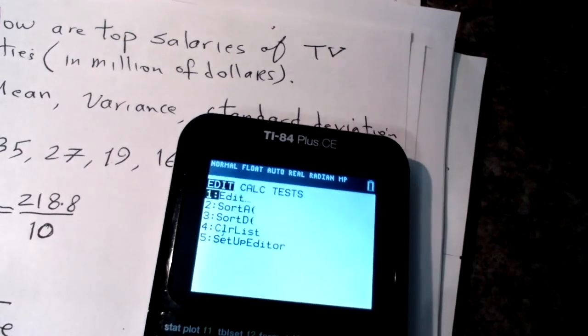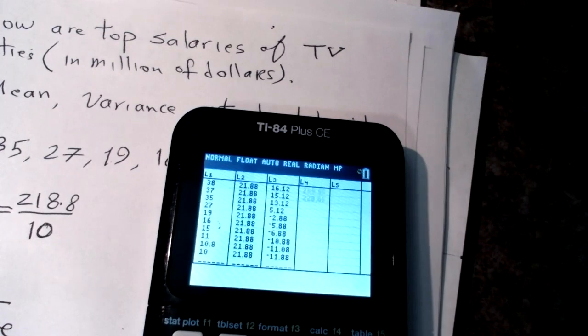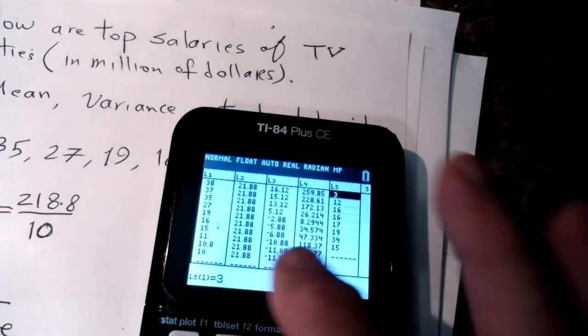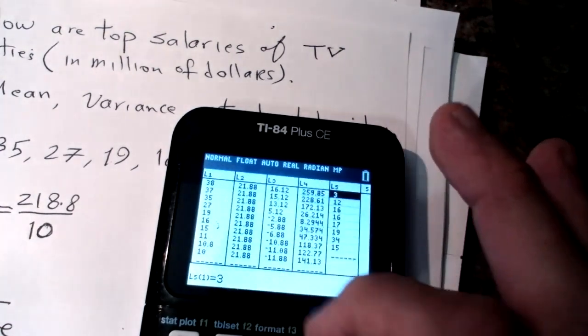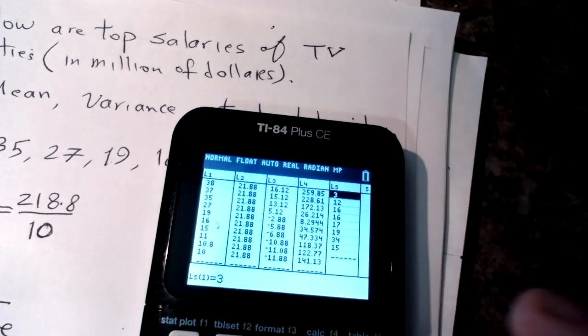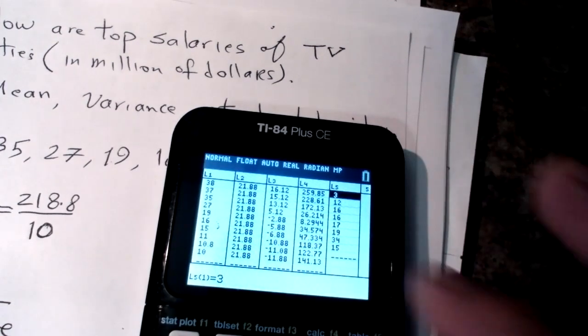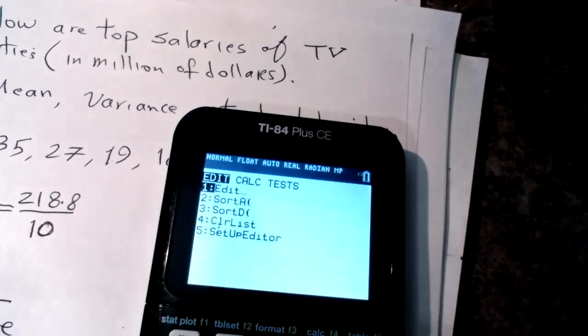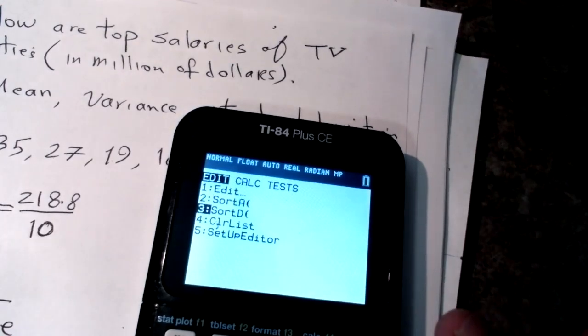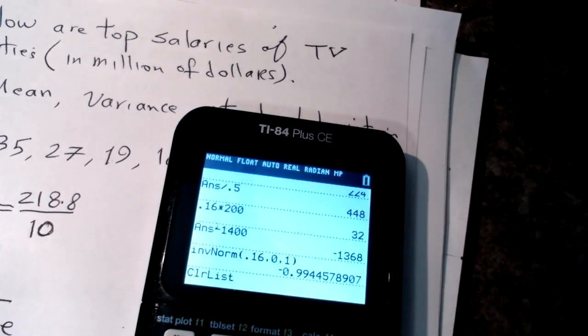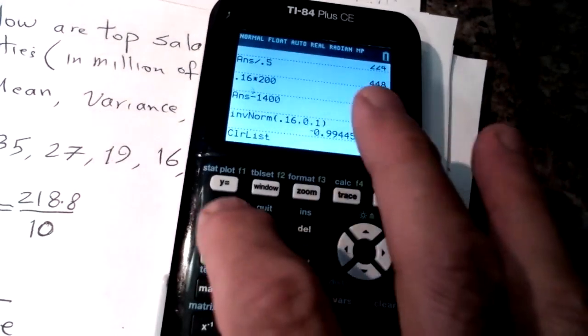On the calculator, where you see the edit, enter, you have all these numbers. Now, I want to erase L2, L3, L4, and L5 and do it again for you. Okay, so I go to stat. Number 4 is clear list. I want everything on second.